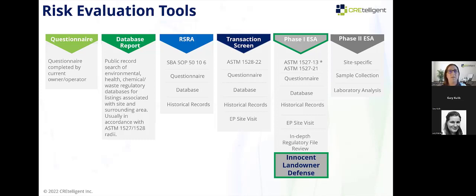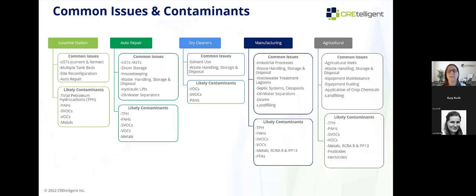So this is by no means an exhaustive list of common issues or contaminants, but these are some very common contaminants and some common issues that you will see paired together as you do your reviews. And it's handy to have nearby, but like I said, this is kind of just scratching the surface.